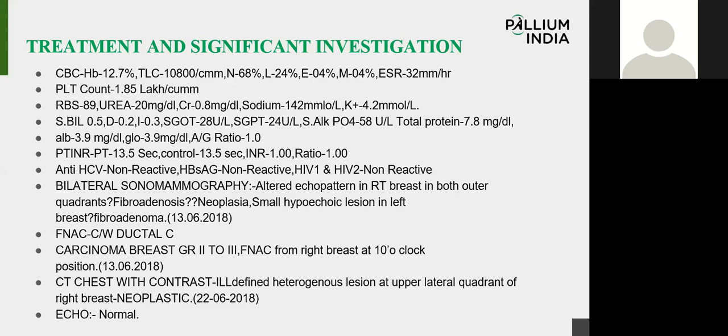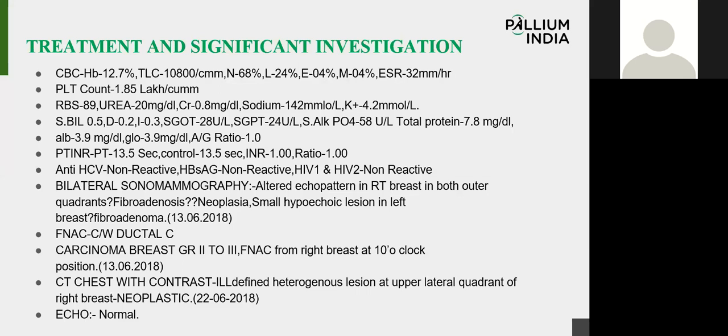Bilirubin is within normal range. SGPT is 24, SGOT is 28, serum alkaline phosphatase is 58, total protein was 7.8, albumin is 3.9, globulin is 3.9, albumin globulin ratio is 1.0. PT is 13.5 seconds, control was 13.5 seconds, INR is 1. Anti-HCV is non-reactive, HBs antigen is non-reactive, HIV 1 and 2 are both non-reactive.